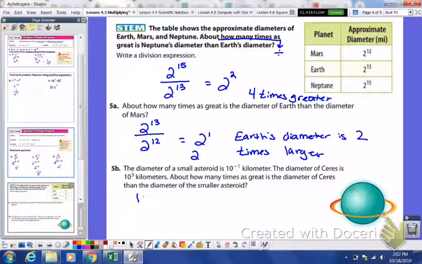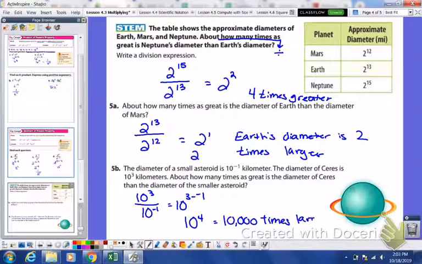So 10 to the 3rd divided by 10 to the negative 1. 3 minus a negative 1, so 10 to the 3 minus negative 1, which would be 10 to the 4th, or that equals 10,000. So Ceres is 10,000 times larger.